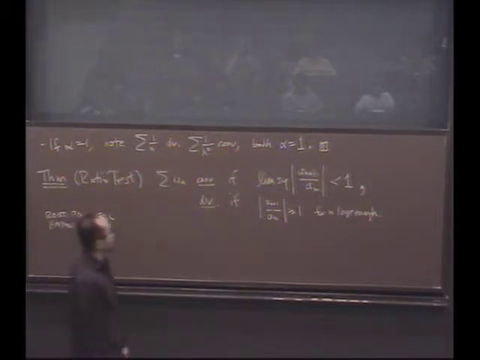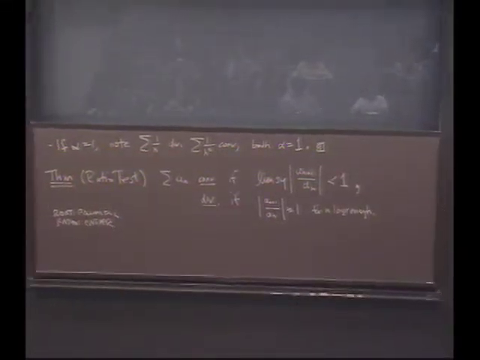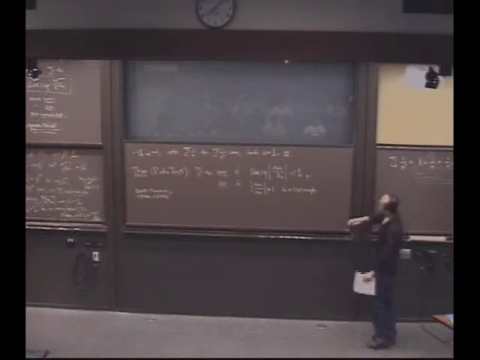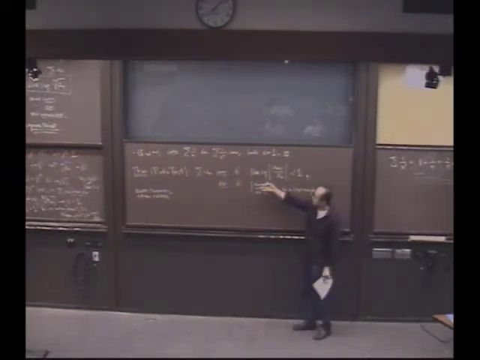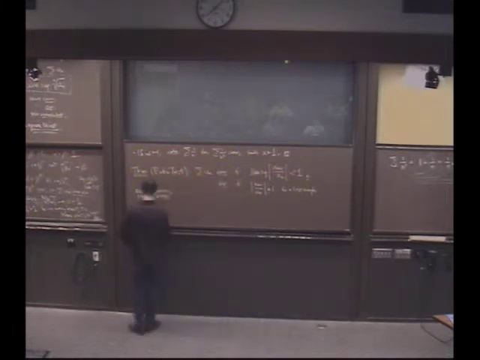Now, the reason that the ratio test is not always so powerful is that there are sequences which converge, but for which this ratio thing doesn't give much information, right?